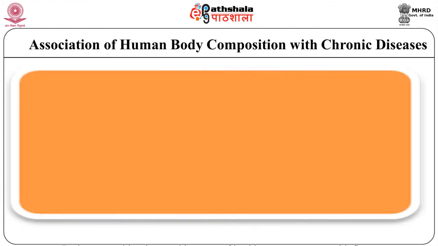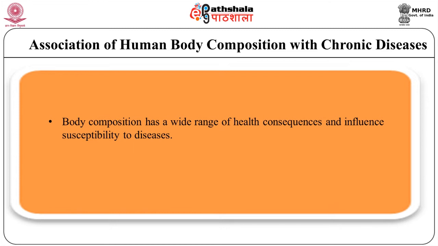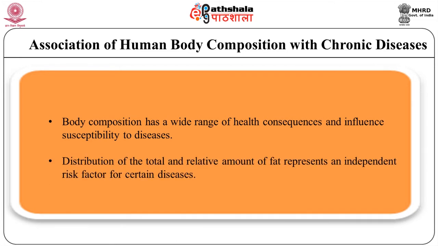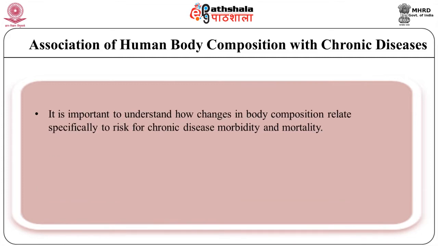Now, association of human body composition with chronic diseases. Body composition has a wide range of health consequences and influences susceptibility to disease. Distribution of total and relative amount of fat represents an independent risk factor for certain diseases. It is important to understand how changes in body composition relate specifically to risk for chronic disease, morbidity and mortality.